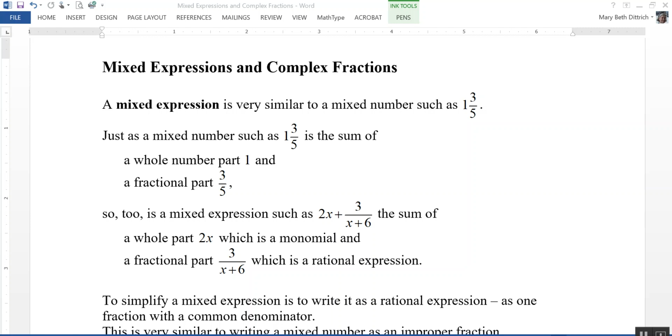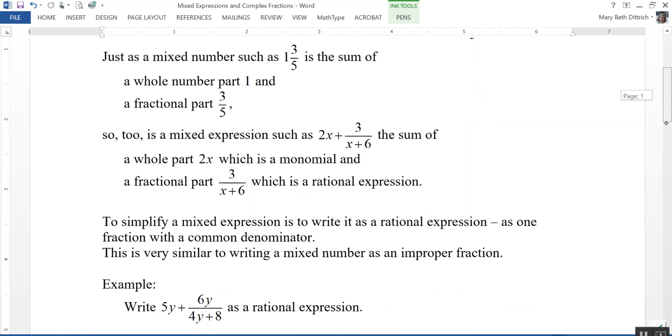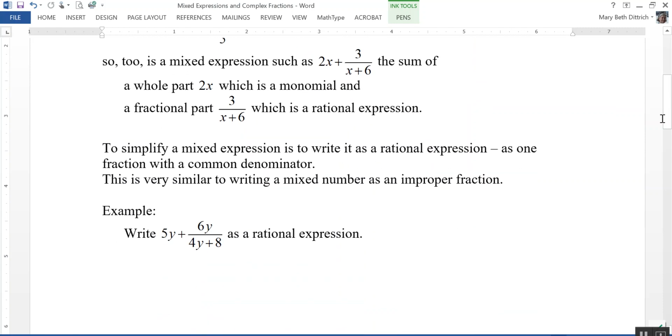To simplify a mixed expression is to write it as a rational expression, as one fraction with a common denominator. It's very similar to taking a mixed number and writing it as an improper fraction. So for example, if I were to take 1 3/5 and write it as an improper fraction, I would take the denominator, multiply it by the whole number part, and then add it to the numerator, which would give me 8/5.